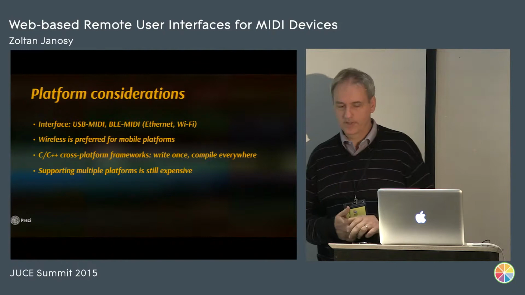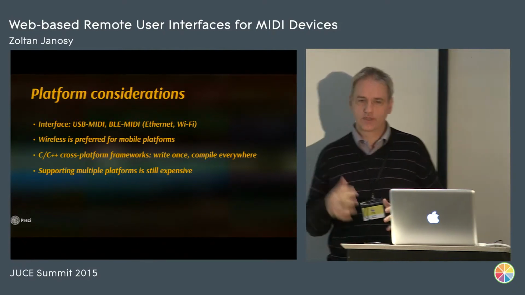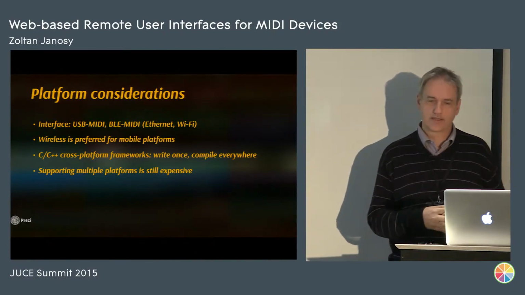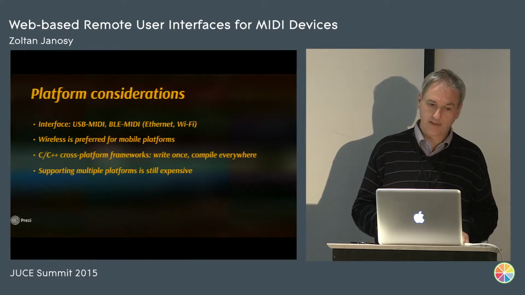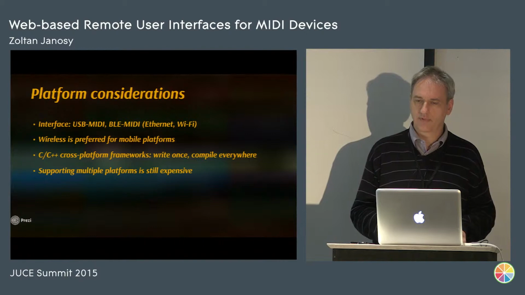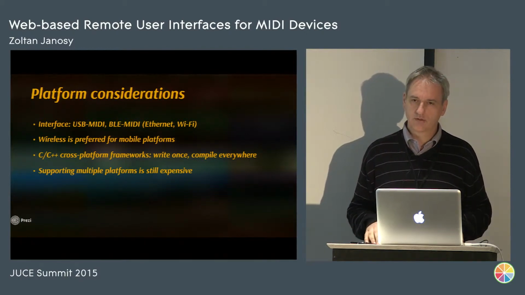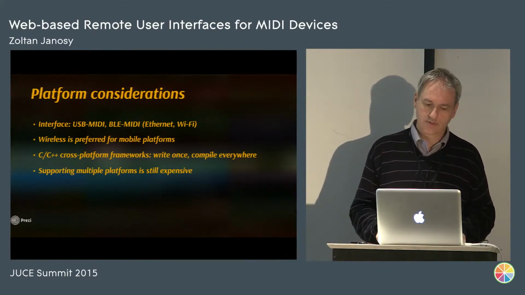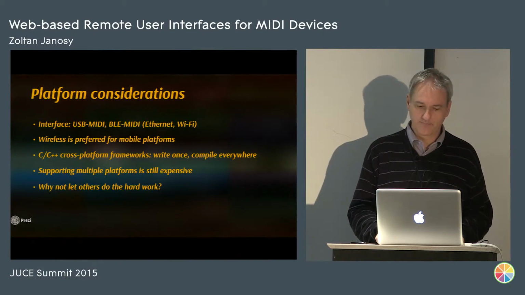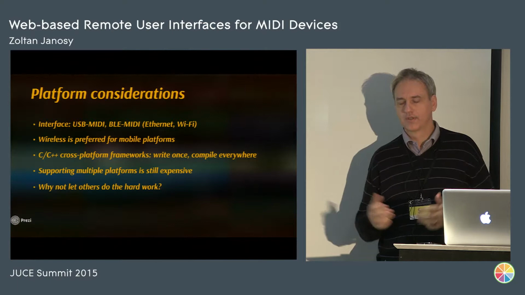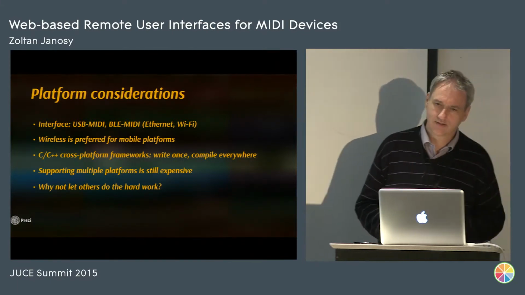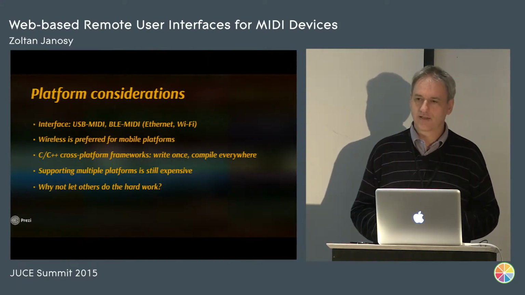The problem with that is that you still need to have all the tools and all the capabilities and expertise to compile the code on each platform, and you have to maintain all the different versions and support them. So the idea is that we should let this hard work be done by someone else for free.